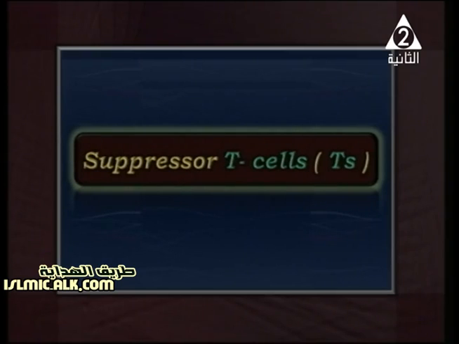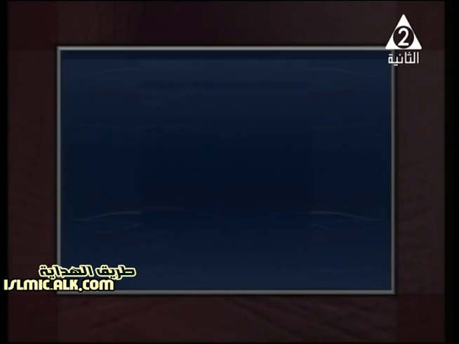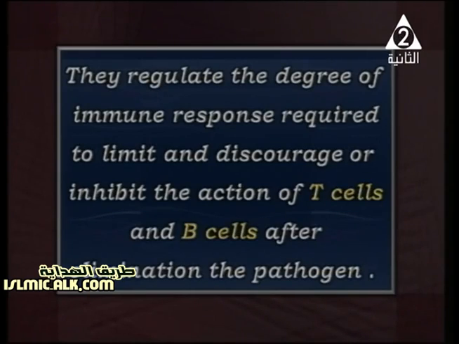Also we have a kind of T cells which is called suppressor T cells. They regulate the degree of the immune response required, to limit and also discourage or inhibit the action of T cells and B cells after elimination of the pathogen.